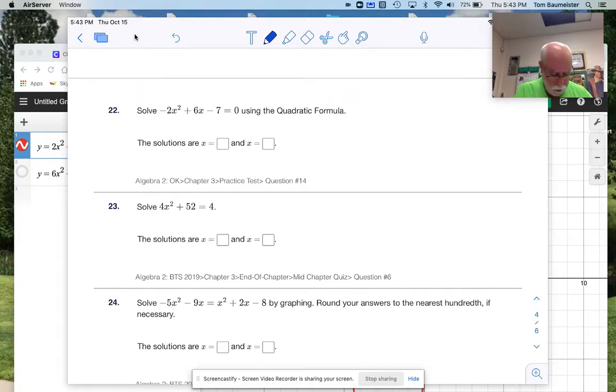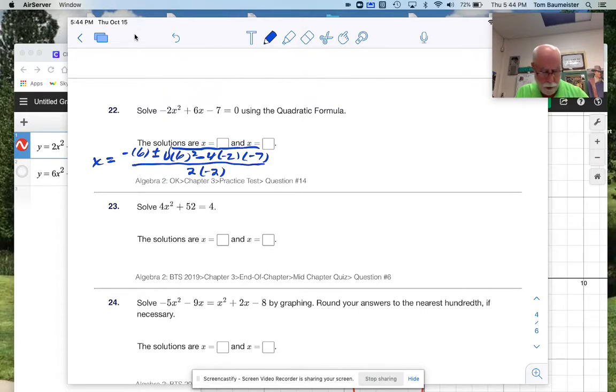So I know that x is equal to negative b, so it's negative 6, plus or minus the square root of b squared, so 6 squared, minus 4 times negative 2 times negative 7. So 4ac, all of that over 2 times negative 2.